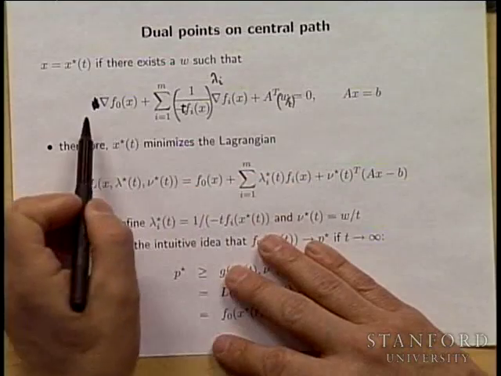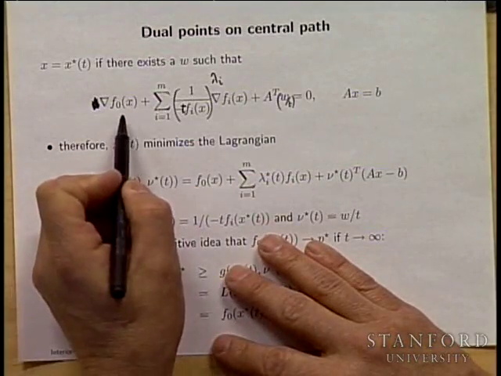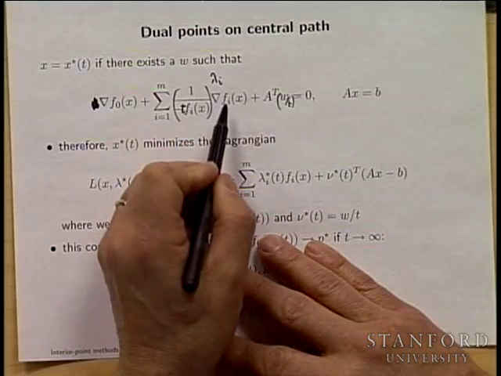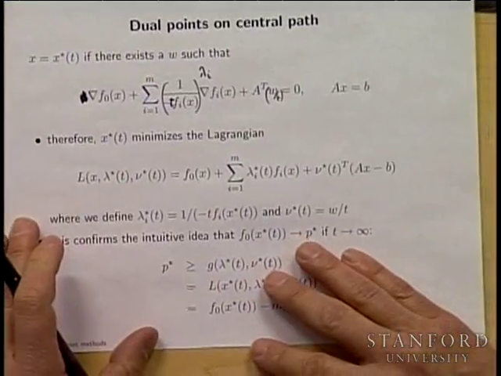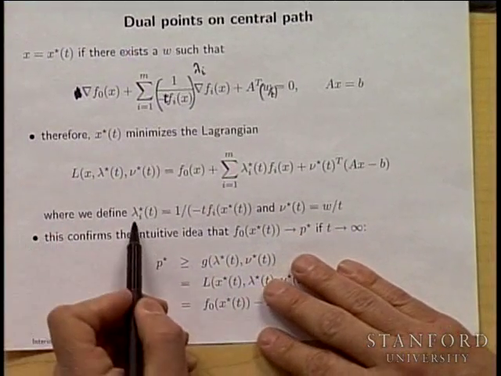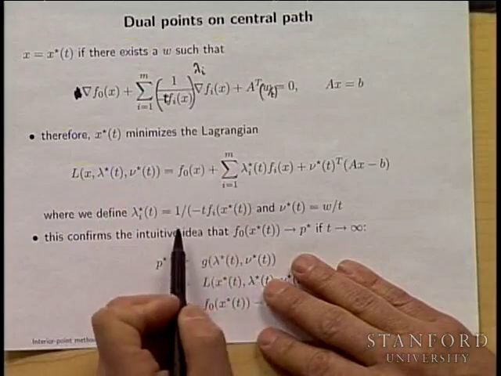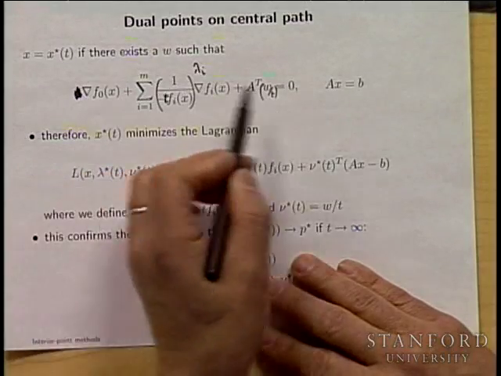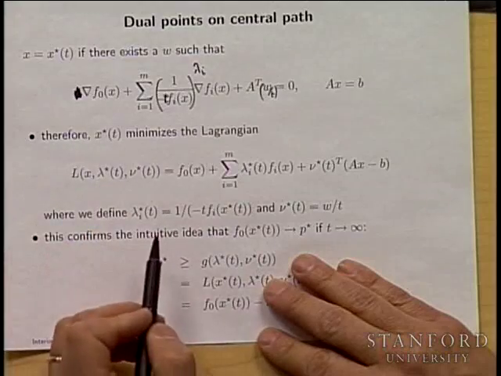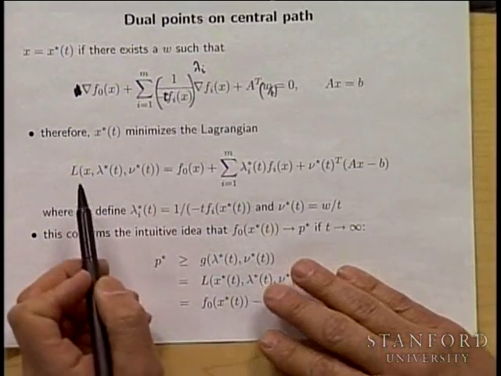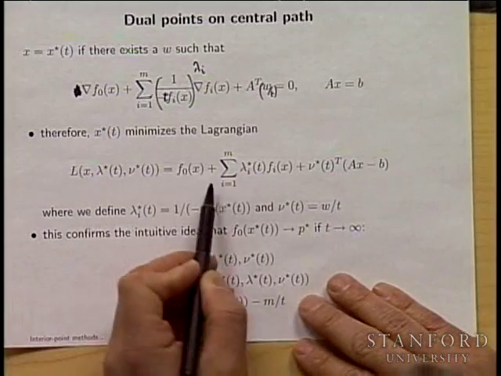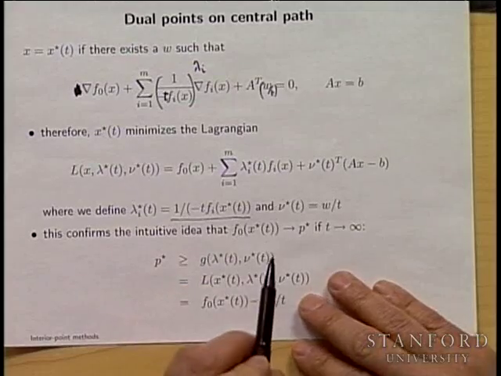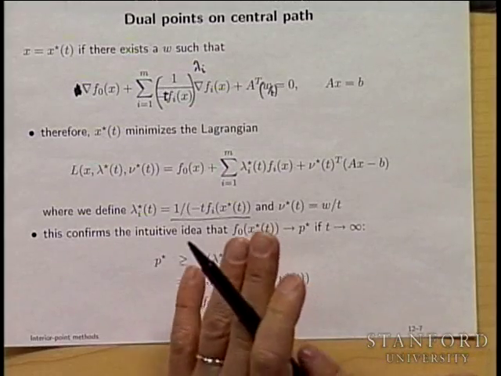Then you look at this and say, wait a minute, this is grad f0 plus the sum of lambda i grad fi plus A transpose times something equals 0. Look at this. If you define lambda i this way, this equality means that if you're on the central path, you actually minimize the Lagrangian with this value of lambda. Okay? So that's the picture.